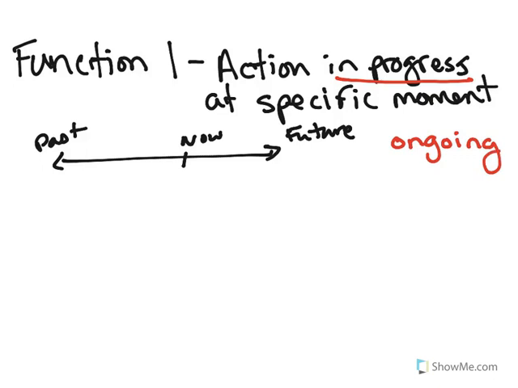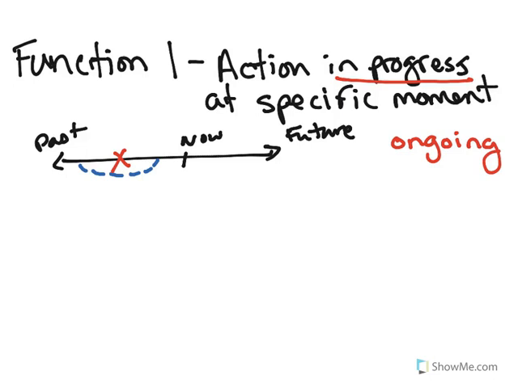So let's say that here is my action. Started sometime in the past, it took some time, and then it finished also in the past. And then we might have a specific moment in time. So you can see here that my action was already happening at this specific moment. My action was already in progress when that moment happened.